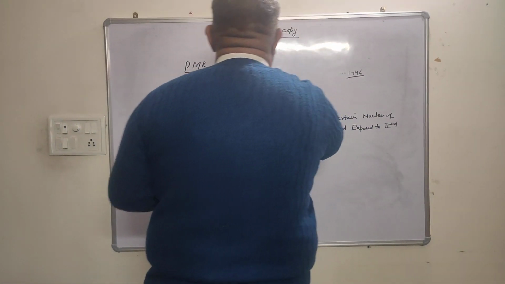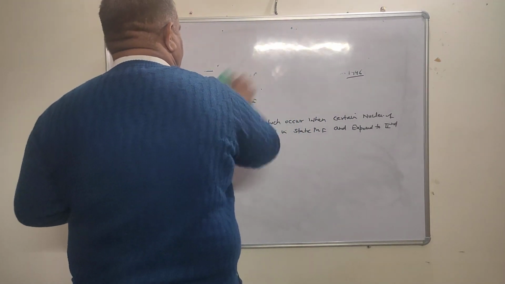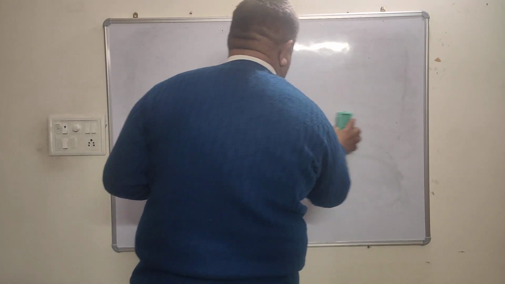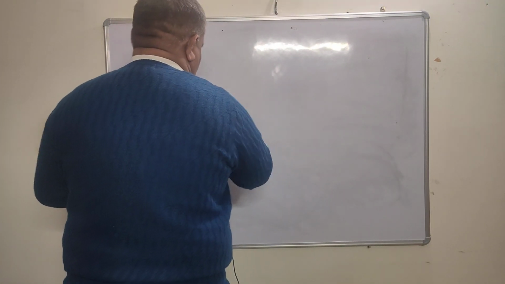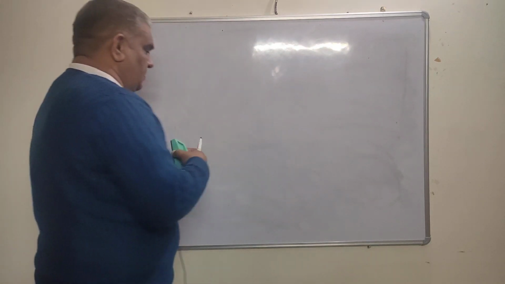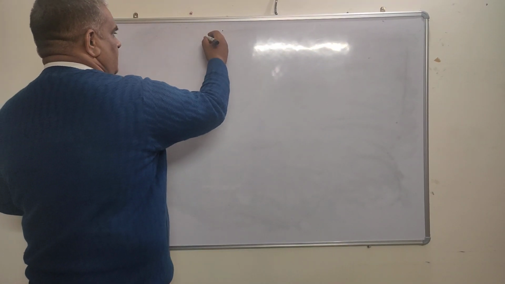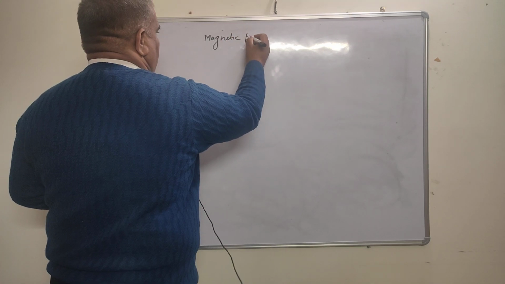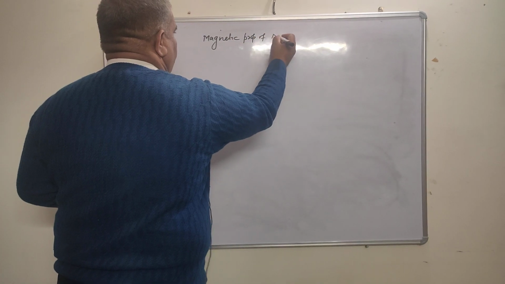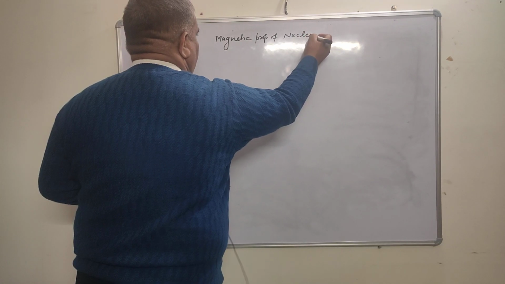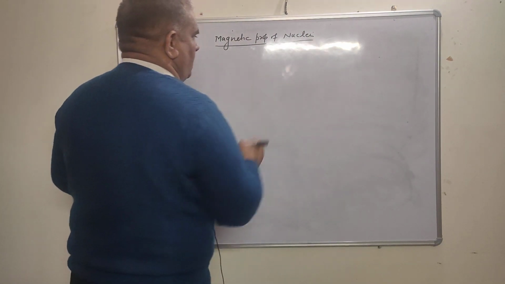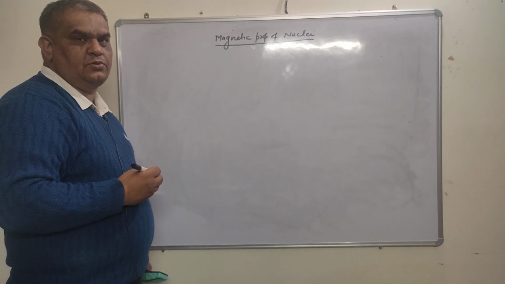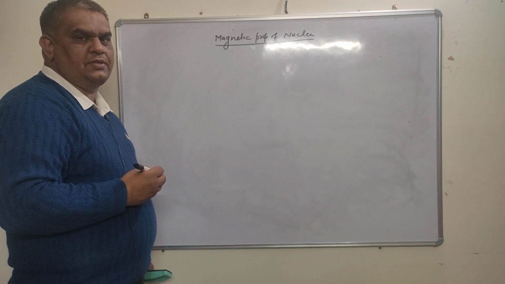Next is the magnetic property of nuclei. Like electrons, nuclear particles such as protons and neutrons are considered to spin about their axis.